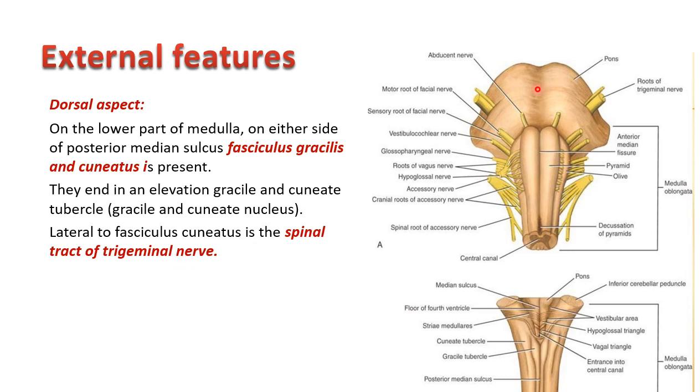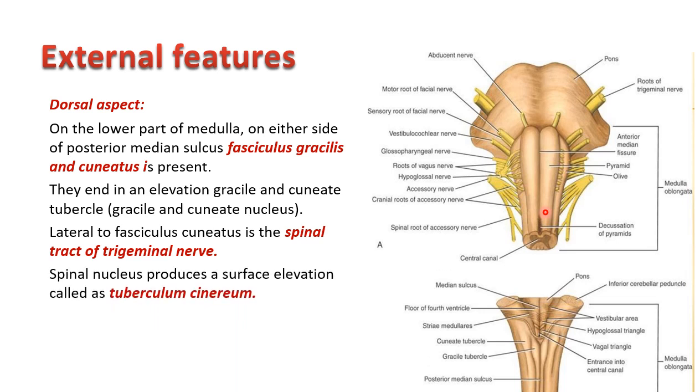The trigeminal nerve originates from the pons, which has the principal sensory nucleus and the motor nucleus of the trigeminal nerve. But in the lower part of the medulla, you have the spinal nucleus of the trigeminal nerve. Similarly, one more nucleus is present in the midbrain, called the mesencephalic nucleus of the trigeminal nerve. So the trigeminal nerve has three nuclei extending along the brainstem. That is the tuberculum cinereum.